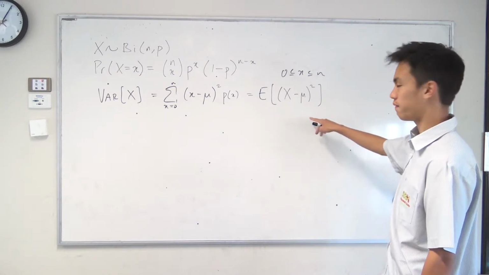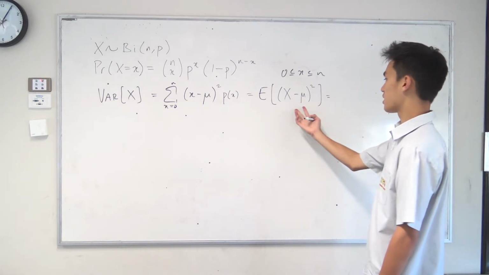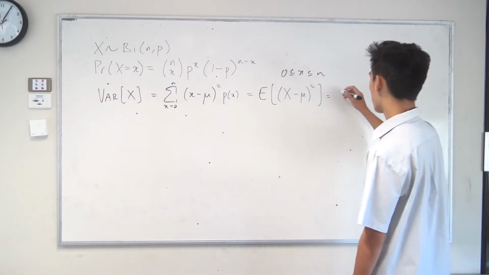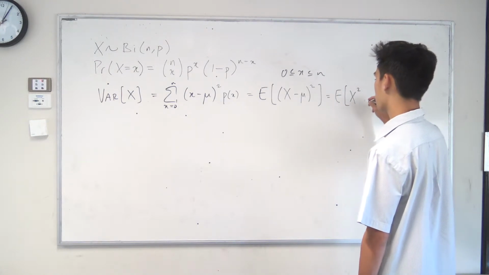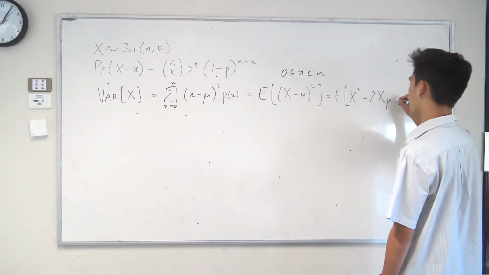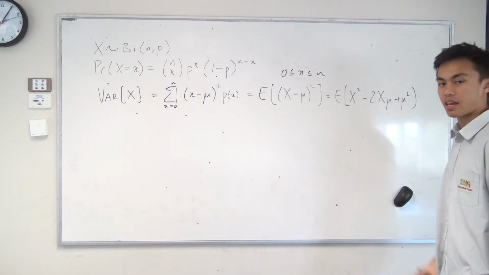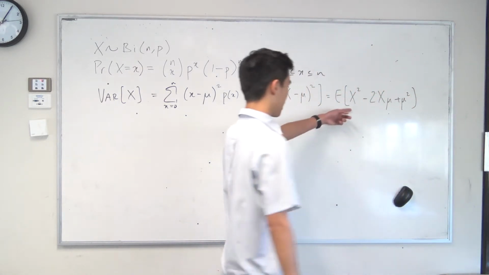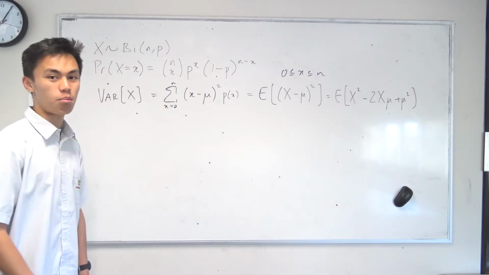And now what exactly can we do? Now it's just a matter of playing around with this thing right here. So if we expand out this binomial, we're going to have the expected value of, first of all, capital X squared minus 2 X times mu plus mu squared. And then to calculate the expected value of this, we can use the linearity of the expected value to break everything apart.